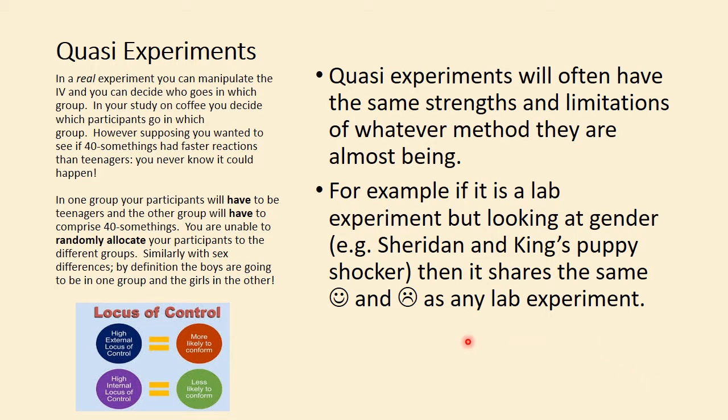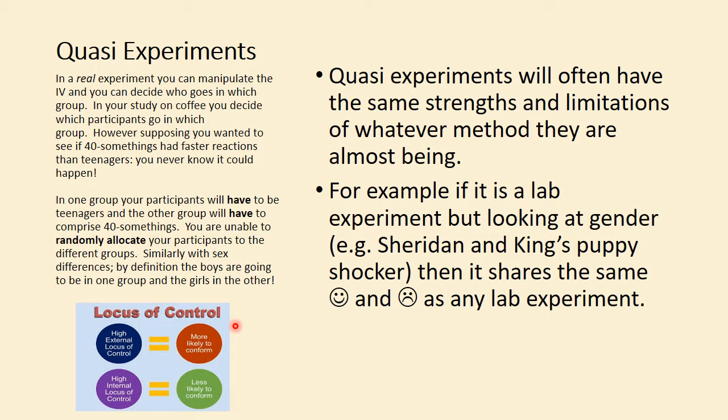So a good example is if you're studying locus of control and the effect someone's locus of control would have on whether or not they would respond to social influence, you can set up a lab experiment, but you can't randomly allocate your participants because you either have people with an external locus of control or an internal. And depending on what group they fall into, that will govern which condition they go into.